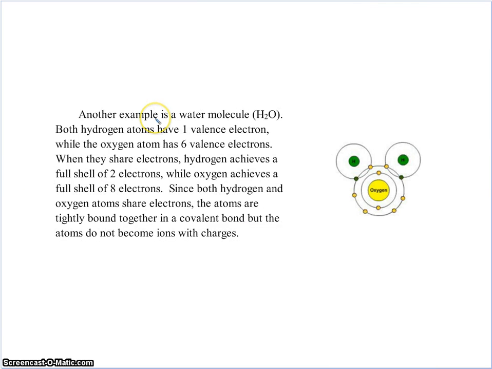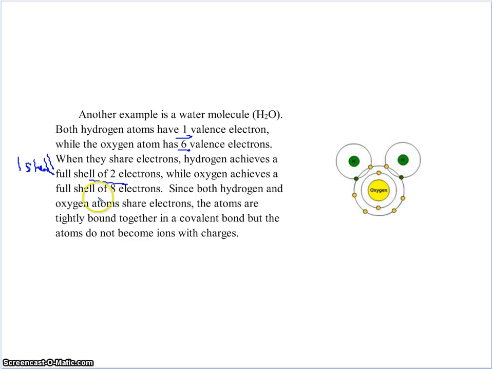Let's keep reading. Another example is a water molecule, so H2O. Both hydrogen atoms have 1 valence electron, while the oxygen atom has 6 valence electrons. When they share electrons, hydrogen achieves a full shell of 2. Remember, because it only has the 1 shell. So the first shell only holds 2, so it only needs the 1 more.